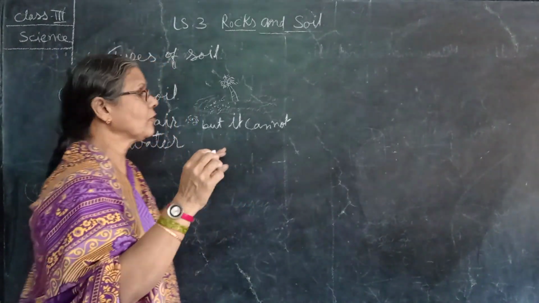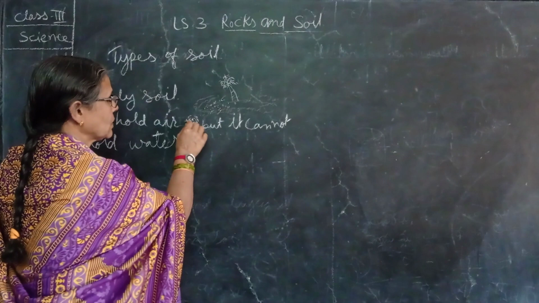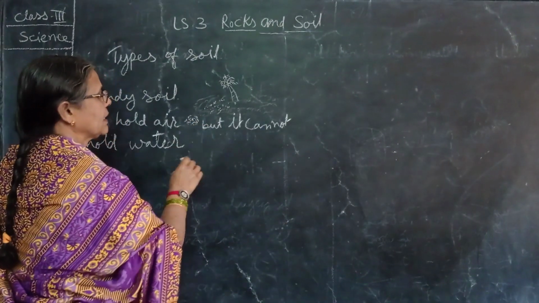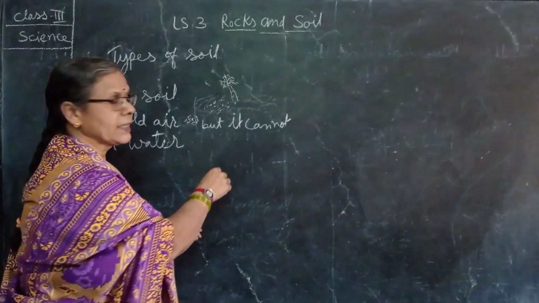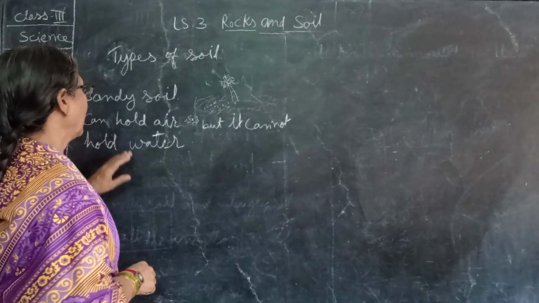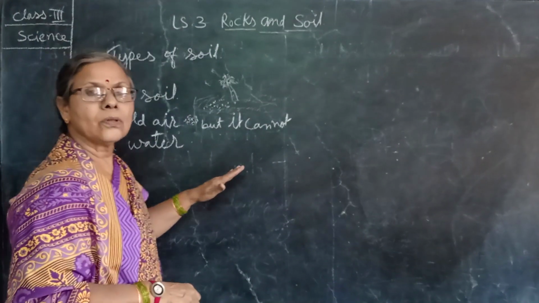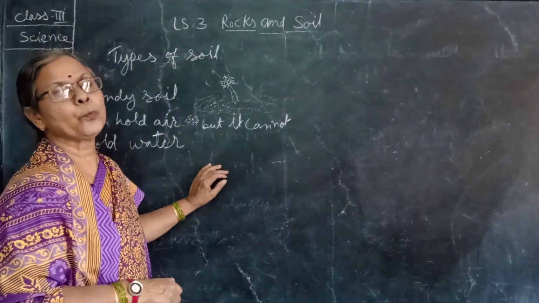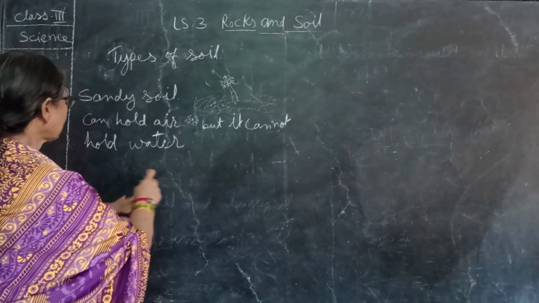Because there is a lot of space between the stones, between the granular tiny particles. That's why water can easily enter into this soil, and many plants cannot grow in this type of soil. Very few plants can grow in this type of soil.